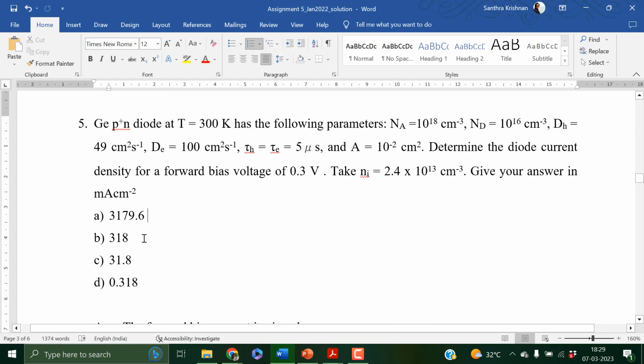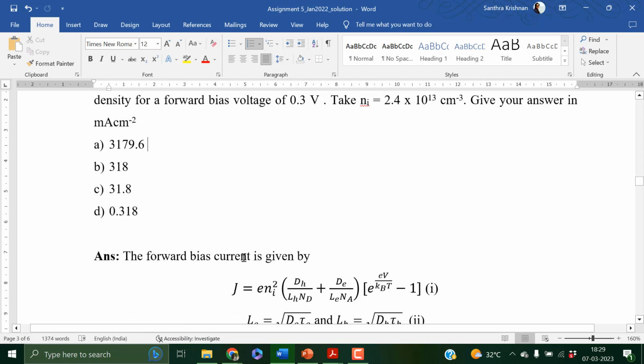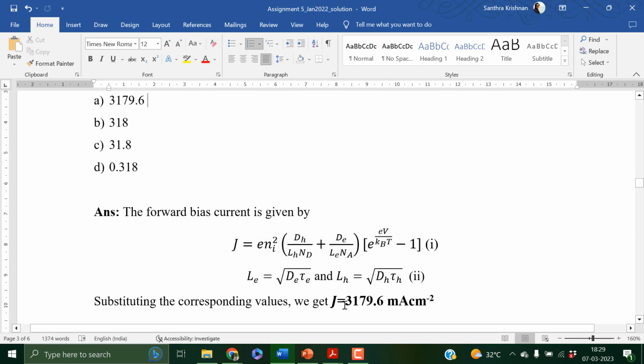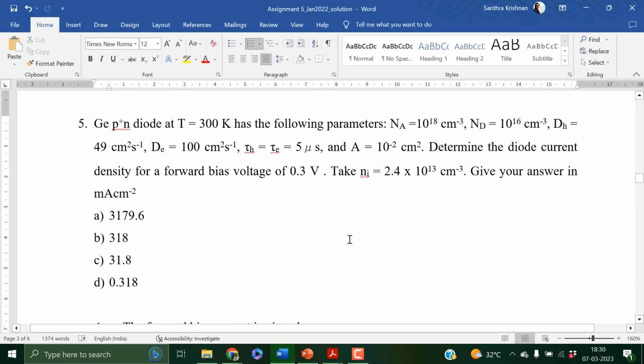You got 3167? Okay. Maybe because of substituting some constant or the e value, there might be a small change. But anyway, the method is correct and you are getting a nearby answer. So that's fine.